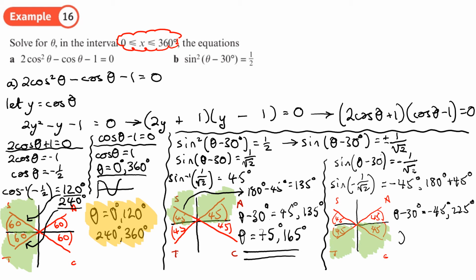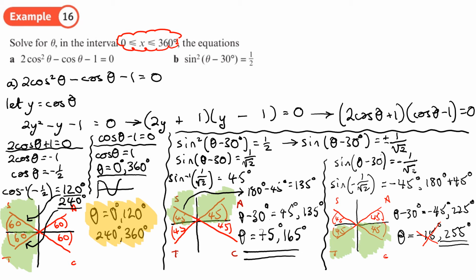Now we can work out theta by adding 30. If we add 30, we get negative 15, and then we get 255. This one's no good. The negative 15 is outside of the range. So we get a third solution here.